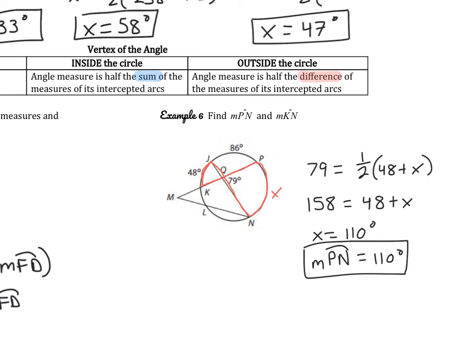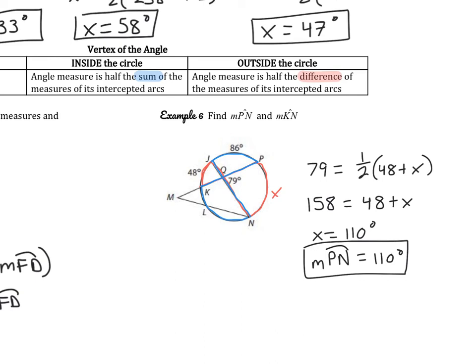Okay, so now to find the measure of arc KN, we can actually use the same two segments, but we're going to look at them in a different way. We're going to use these two segments intersecting, but this time we'll use arc JP and then arc KN, which is the other arc we're trying to solve for.